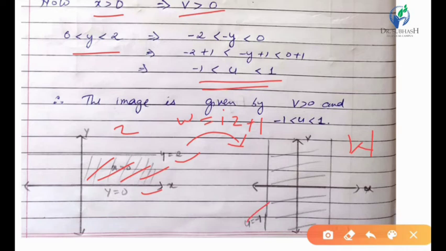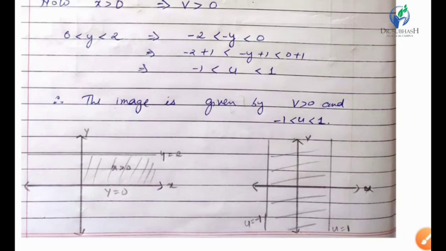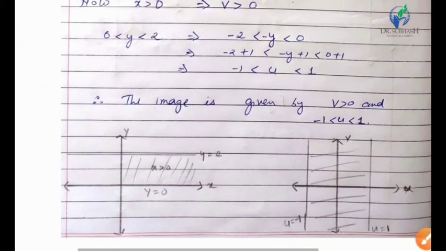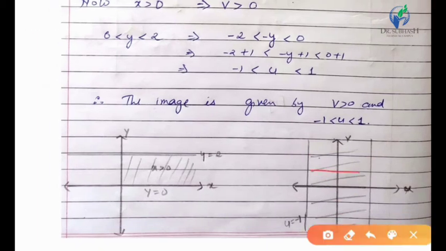So minus 1 and plus 1, we have got the image, and what we have to consider is only v greater than 0, that is, only the positive part. I have drawn the whole portion just to indicate that the full portion will be this much, but since v is greater than 0, only the above portion will be our given image.